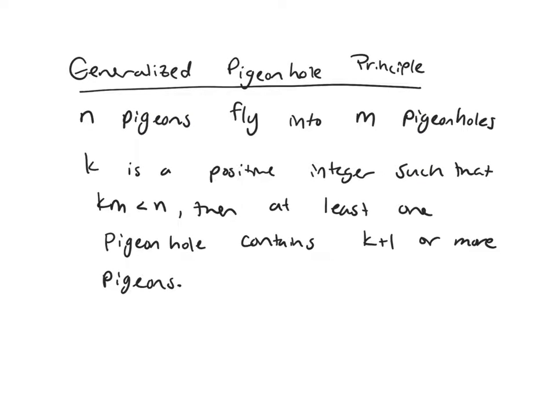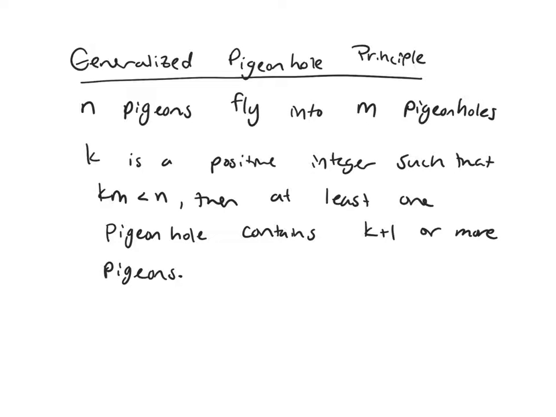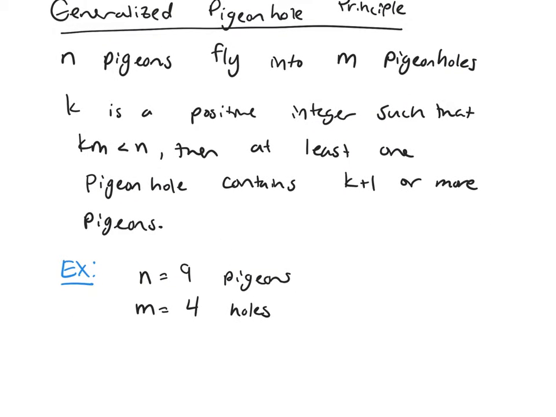So again, we're going to look at this through an example. We're going to pick some numbers here. So let's say that N is 9. That represents how many pigeons I have. The number of holes, M, is going to be 4. And then for K, I'm going to go with K being 2. K needs to be a positive integer.